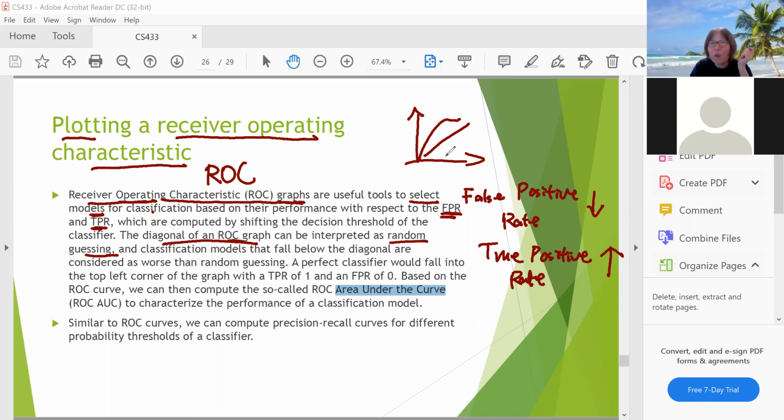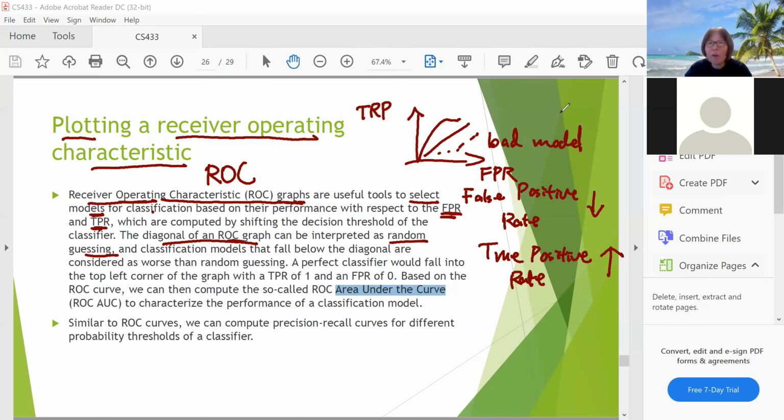So if your curve is even under the diagonal one, then that's a bad model. This is the false positive rate. This is the true positive rate.